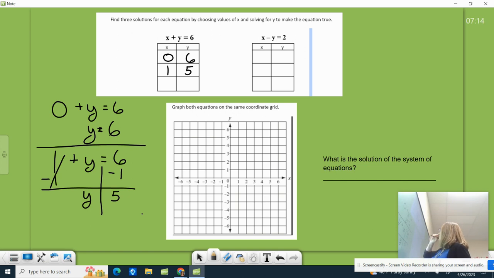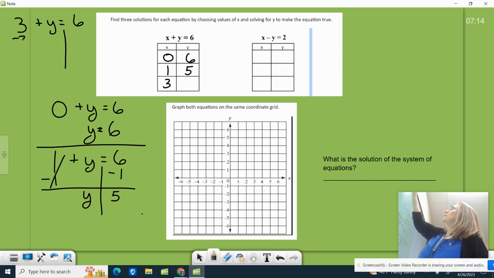Let's see. How about if I do 3? I'll go up here because I ran out of room. So I'm going to do 3 now for x plus y equals 6. 3 plus something equals 6, or I can solve it like a two-step equation. That cancels out, and that's 3.